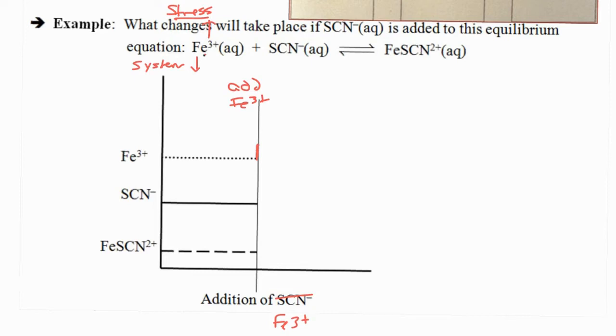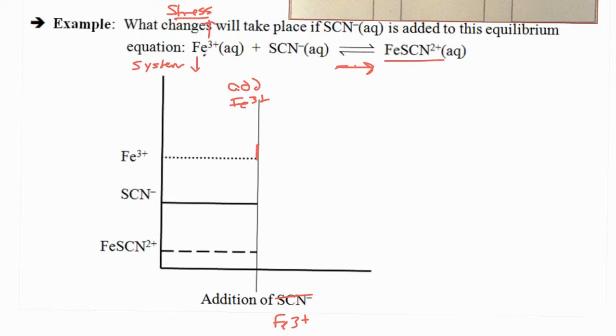Now, in order to decrease it, the system has two choices. It can either move to the right and produce more of this ion, or it can move to the left and produce more of the other side. So the stress is to increase iron 3+. The system wants to decrease it, so the system is going to shift to the right because that will use up more iron 3+.